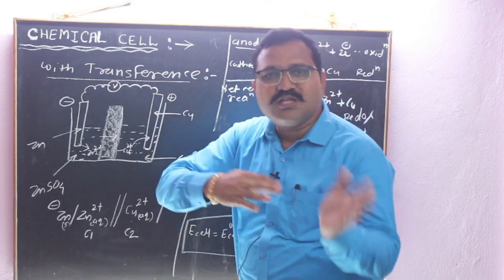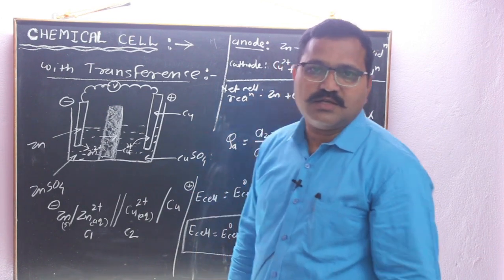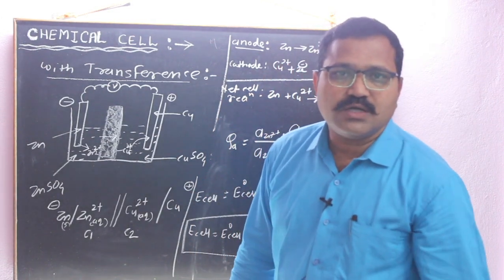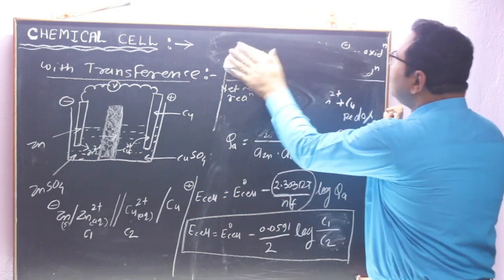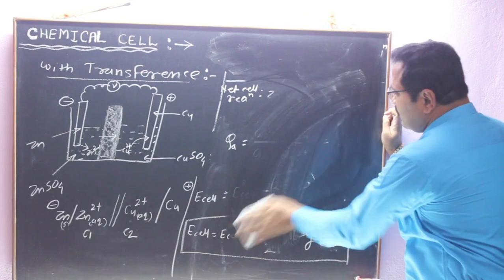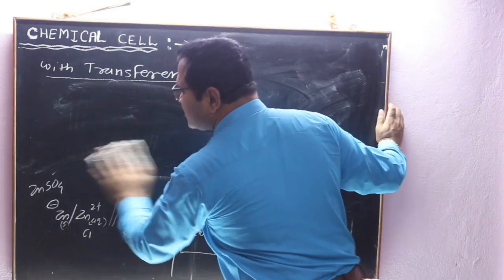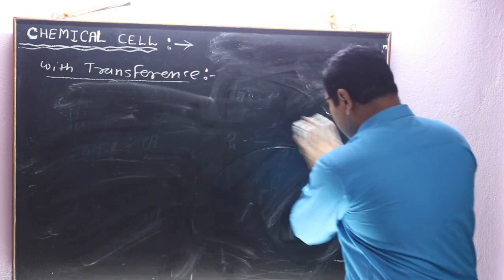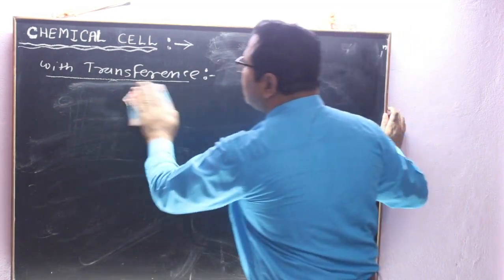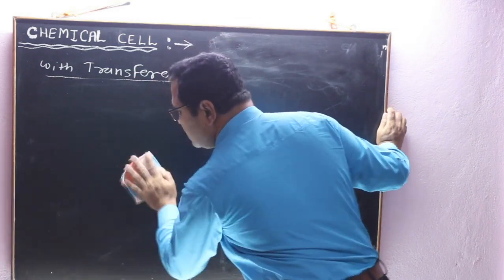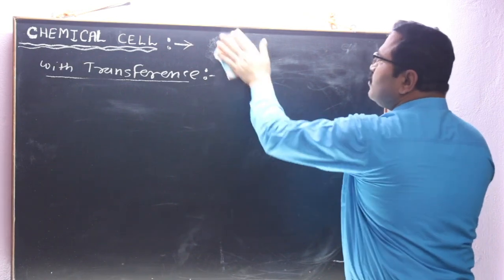There is no transfer of ions through this porous partition. Such cells are called chemical cells without transference. Now we are considering chemical cell here. Chemical cell means two electrodes are different, two half cells are different, but there is no transfer of ions through porous partition.